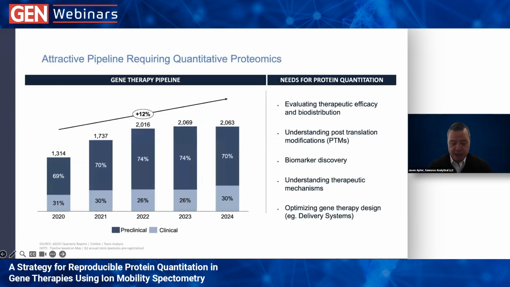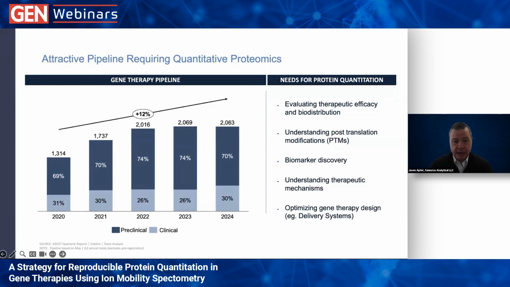To start the discussion, we wanted to set the context of why this is important. I don't think I need to tell anyone that has joined us on this webinar that gene therapies are a very exciting field of drug development. And it's been very interesting to watch the progression of the pipeline in gene therapies.